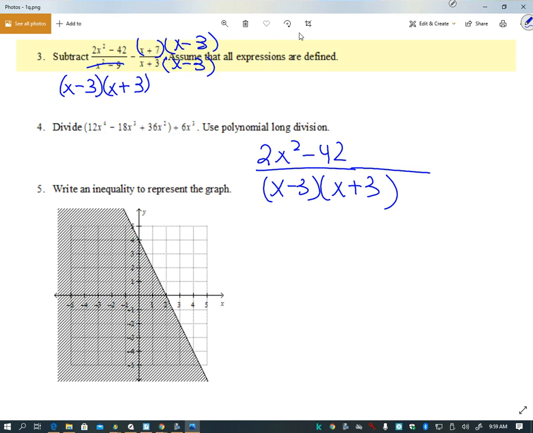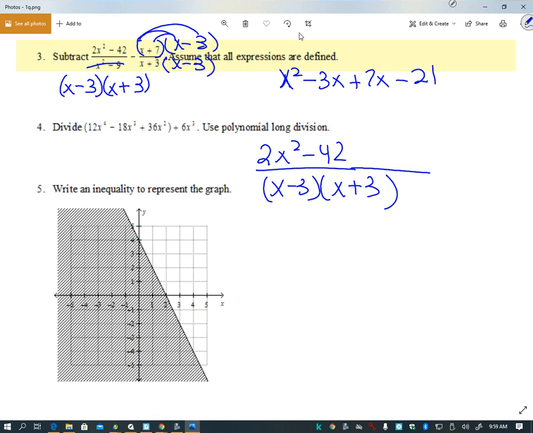Let's come up to my group, okay? Help me with the FOIL. What is x times x? X squared. Okay, good. What's next? X times negative 3 is? Negative 3x. Okay, what's next? 7x. 7 times x is 7x, and 7 times negative 3 is negative 21.